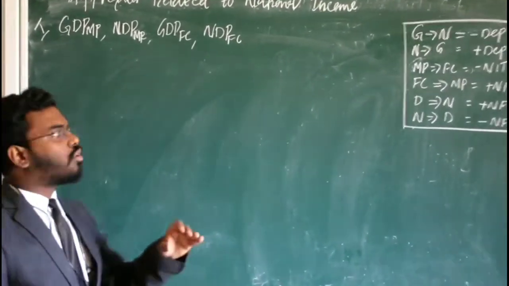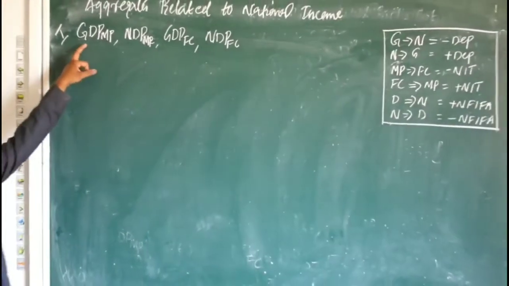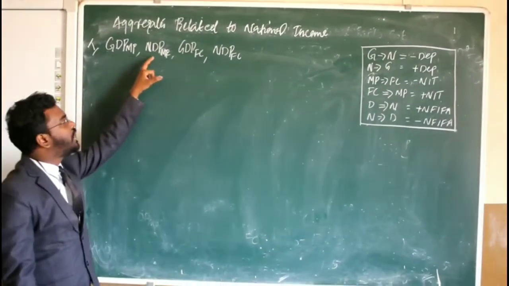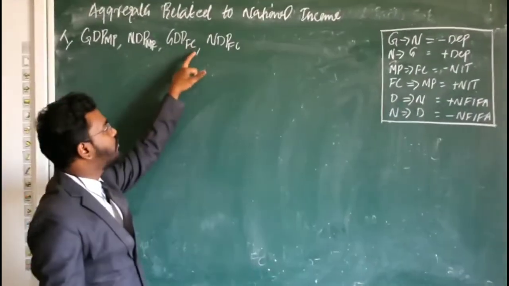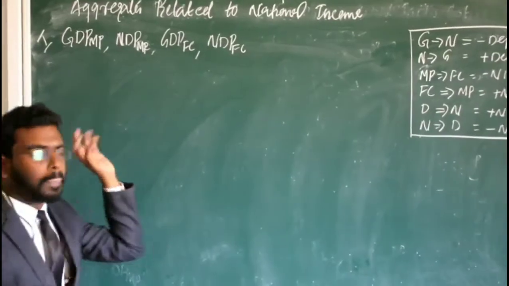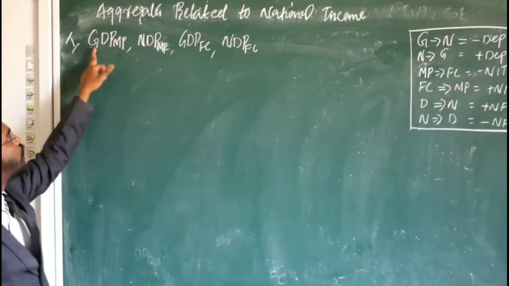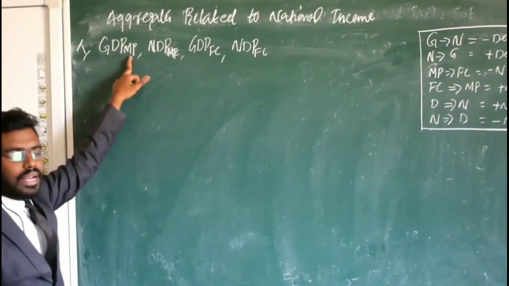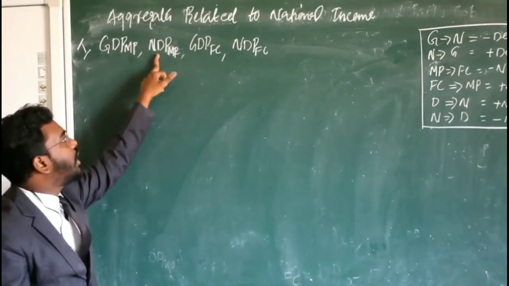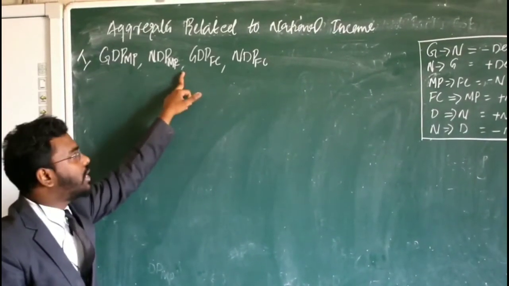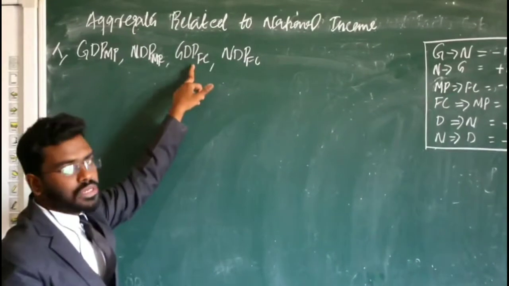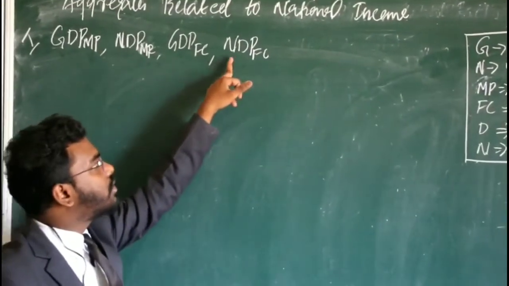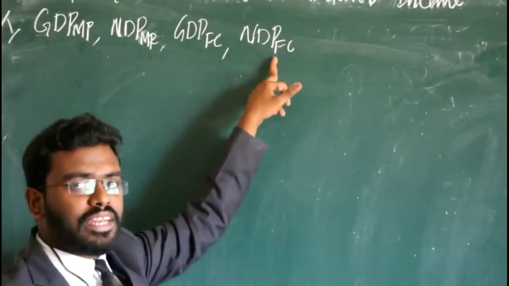So the first concepts are GDP MP, NDP MP, GDP FC, NDP FC. GDP MP means gross domestic product at market price, this is net domestic product at market price, this is gross domestic product at factor cost, and this is net domestic product at factor cost.